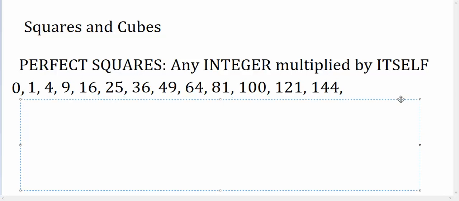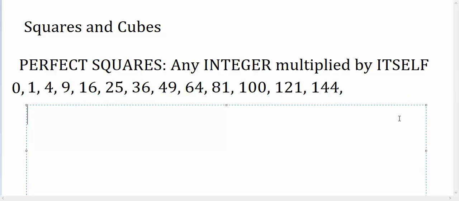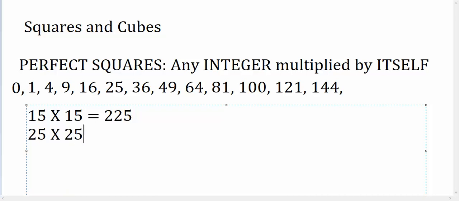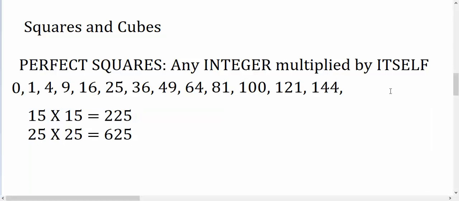A couple of other perfect squares that you should have in the back of your mind. 15 times 15 equals 225. Very good perfect square to know. And 25 times 25 equals, do the math, 625. These are the perfect squares that are really important to know for the GMAT exam.